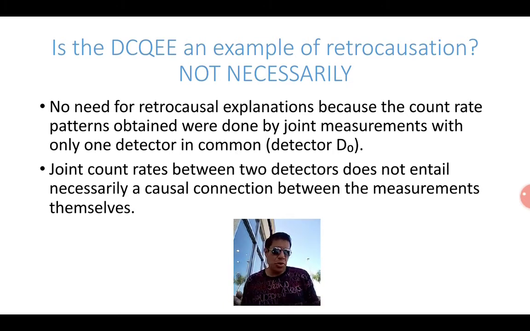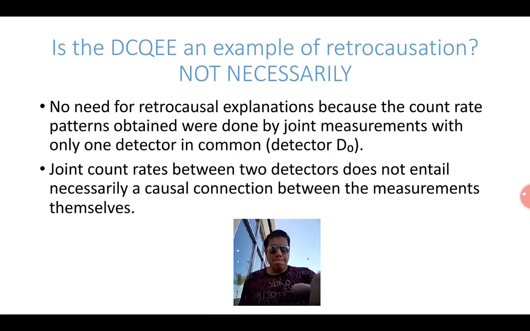So there's no need to be referring to back in time causation for the patterns, right? They were not measured at the same time, but that doesn't mean that the act of measuring one sent information into the other measuring device and erased it, right? Because we are using different detectors.